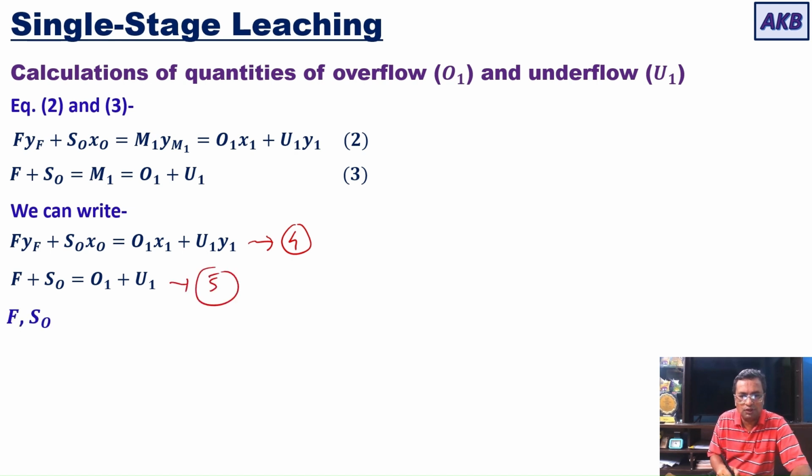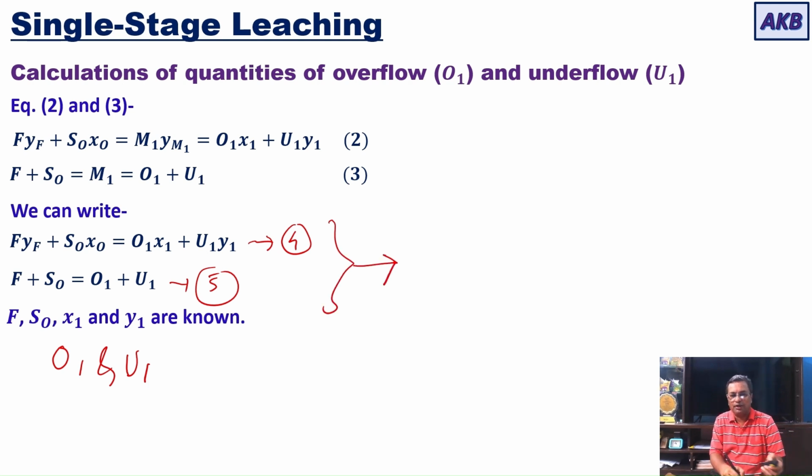In equations 4 and 5, F, S0, X1 and Y1 are known to you. The only unknown quantities left are O1 and U1. So you can solve equations 4 and 5 simultaneously and get the quantities of overflow and underflow.